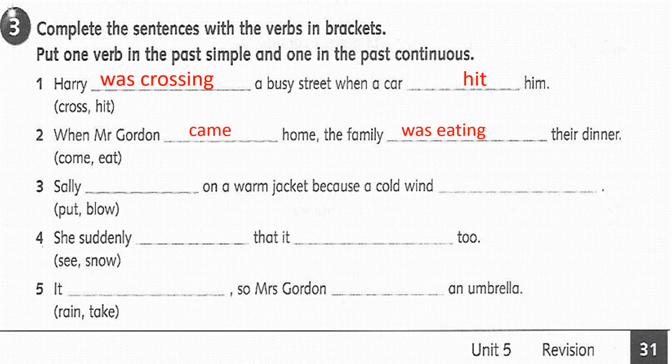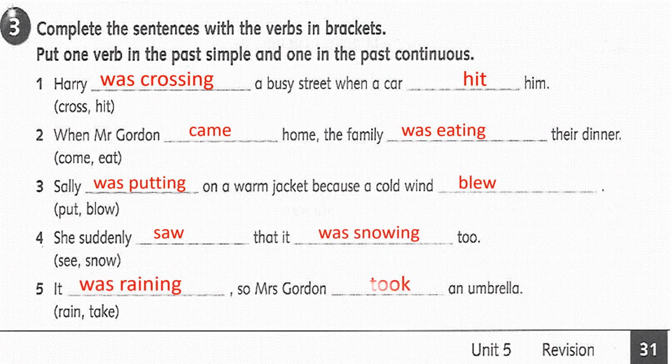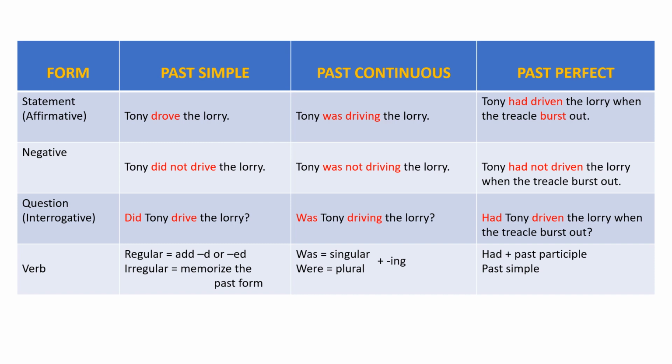Number three, Sally was putting on a warm jacket because a cold wind blew. Number four, she suddenly saw that it was snowing too. And number five, it was raining, so Mrs. Gordon took an umbrella. Please check this table as your reference and summary of today's revision.